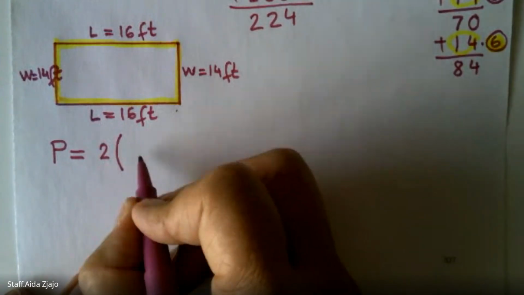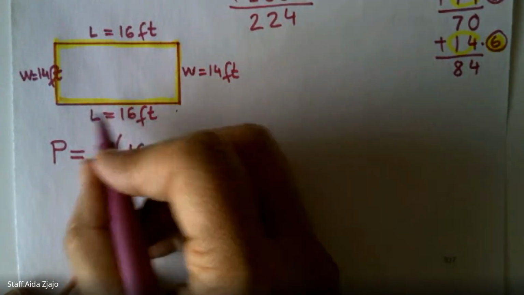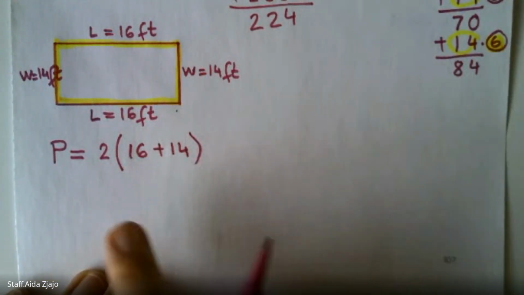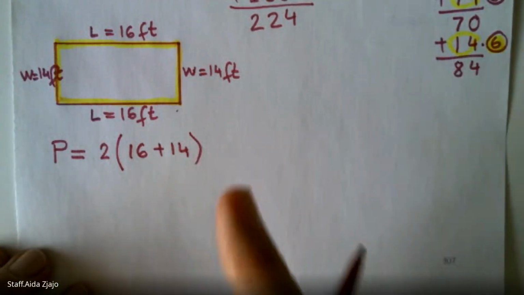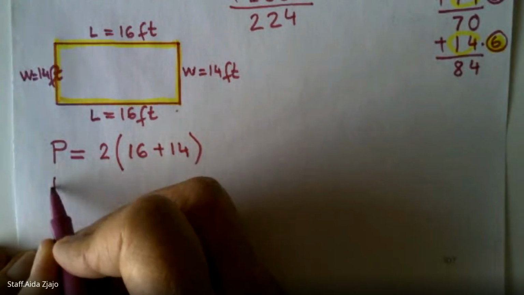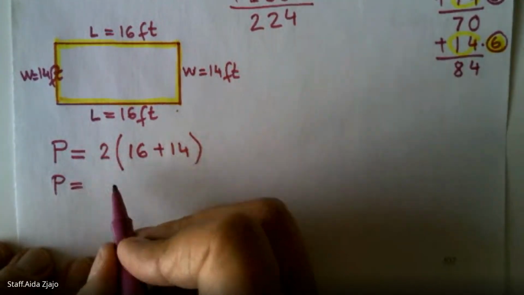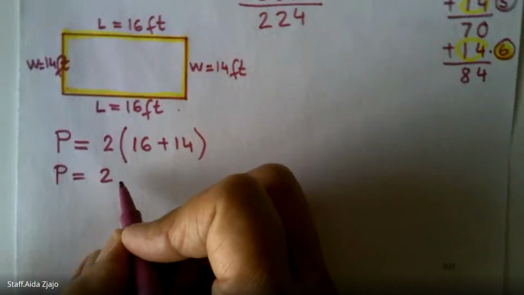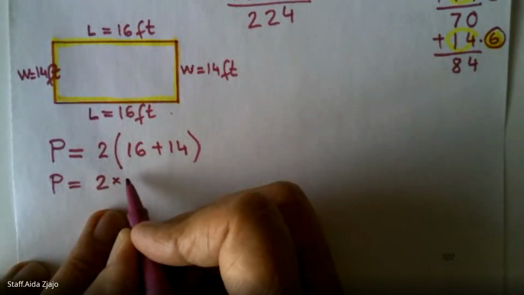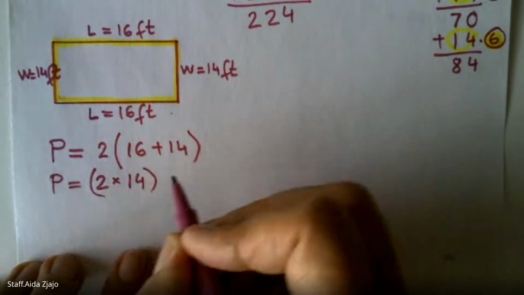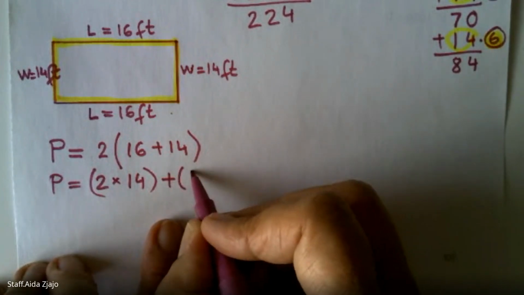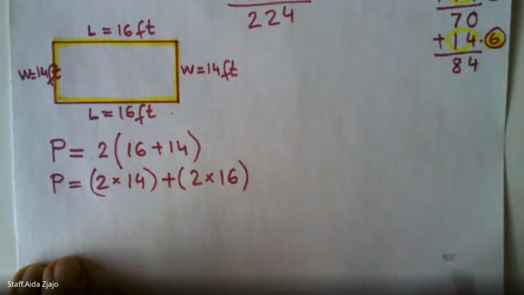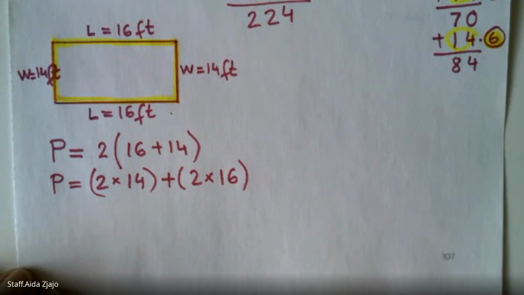So I could do 16 plus 14 twice. That's one way of seeing it. Another way is, if you do perimeter, you have 2 widths, so 2W, 2 times 14, and then you also can add 2 times 16. So either way, the answer is going to be the same.